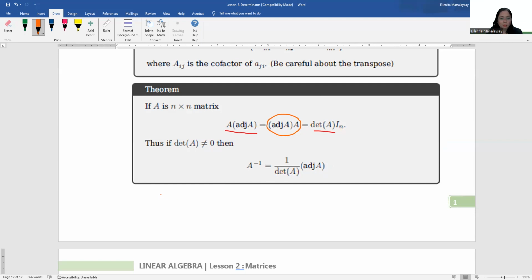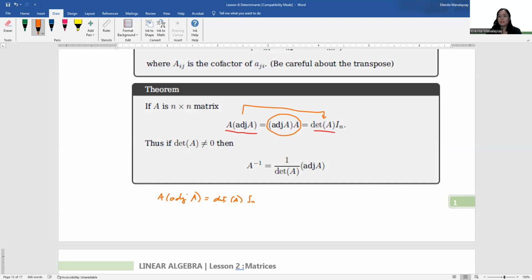So how did that happen? A times the adjoint of A is equal to, I will connect this to the last one, the determinant of A times the identity matrix, an n by n identity matrix.